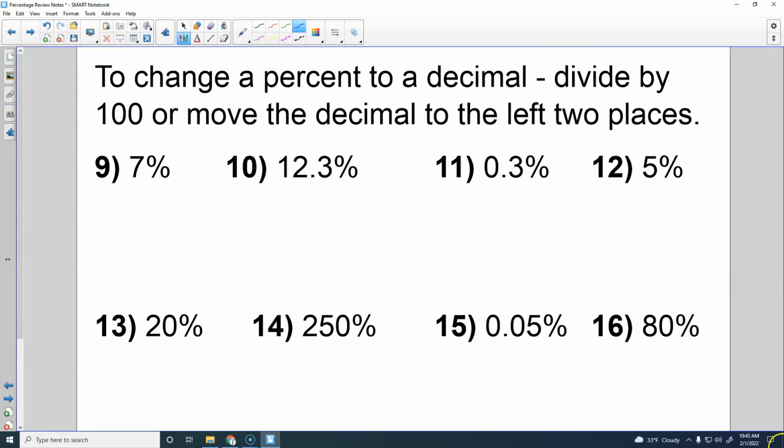All right, let's change all of these percents to decimals. So this time, you're taking your decimal. If there's not one, it's at the end of the number. You got to move it 2 places to the left, and if you have any blank spots, you'll fill them in with zeros, so we would get 0.07 for that first one. So try the rest of those there.